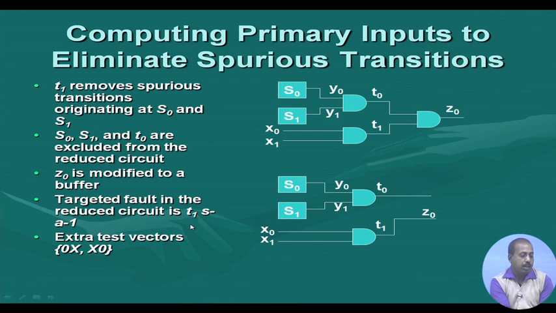So, we have to have these test vectors generated like 0x and x0. So, either of x0 or x1 will be set to 0. So, the ATPG can help us in telling the setting of these extra inputs, so that this Z0 does not see any transition when S0, S1 are shifting. So, this way we can eliminate the spurious transitions from the scan chain reaching the circuit.